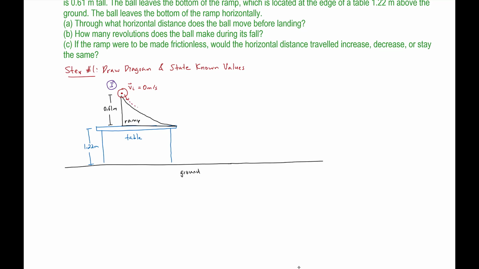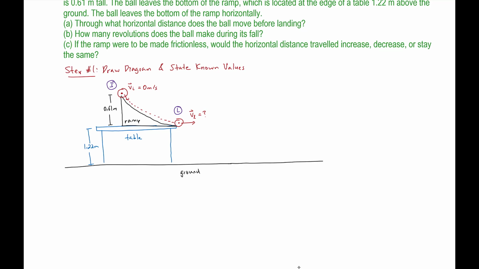So it goes down, down, down to the edge of the ramp. We'll have the center of mass here, and it's launched horizontally. And we'll call this stage L for the launch stage. We know that the speed here, we can call this VL, is equal to an unknown amount. That's part A.